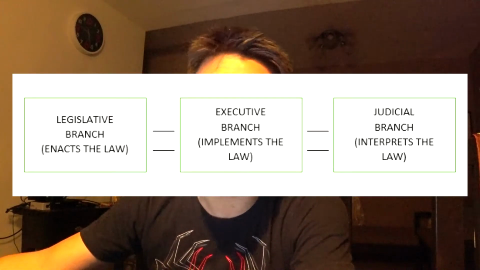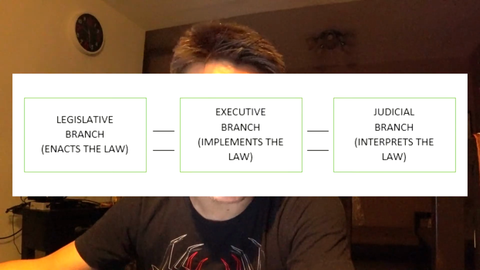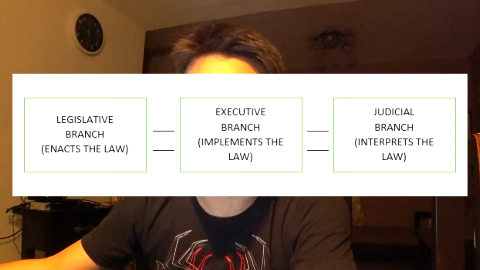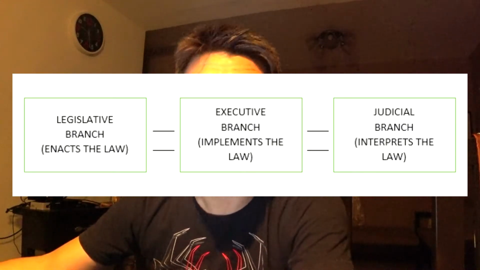But before we go to the rules of statutory construction, let's first understand how this government works. Our government is composed of three branches. You have the legislative branch, the executive branch, and the judicial branch. These branches, although separate, are co-equal. Now, the law is initiated by the legislative branch, composed of the Senate and House of Representatives.